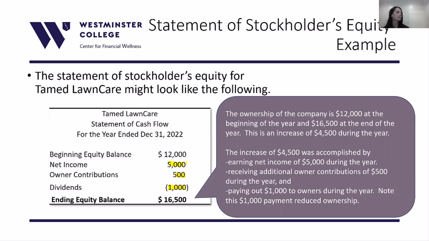This company generated net income, that came from our income statement, of 5,000. So the owners contributed, bought more stock or whatever, of 500, and then they paid dividends out to the owners of 1,000. So the net increase of those activities brought us up to the 16,500 for their ending equity balance.